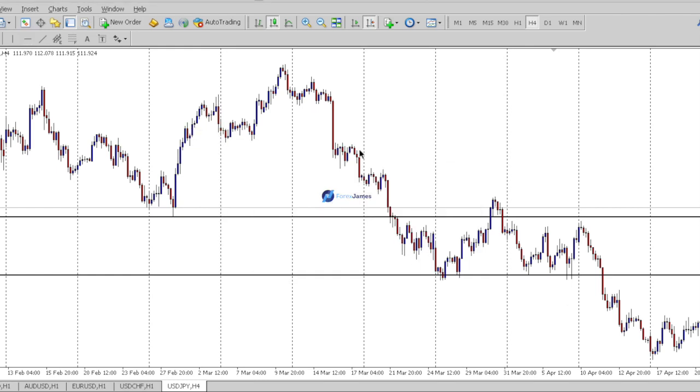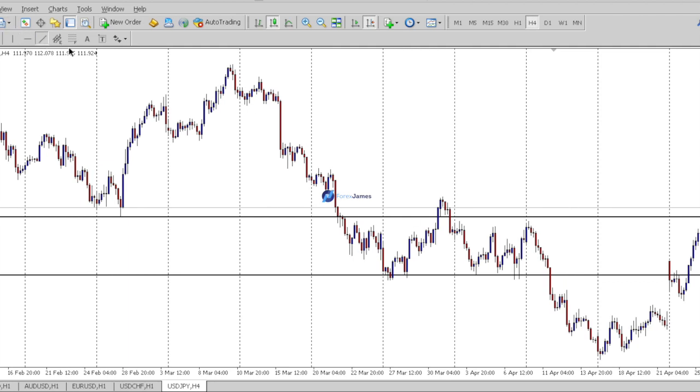So you may simply choose to stand aside when price is going sideways and just wait for a continuation of price or a reversal. In this case, it's a downtrend, so this is a continuation.